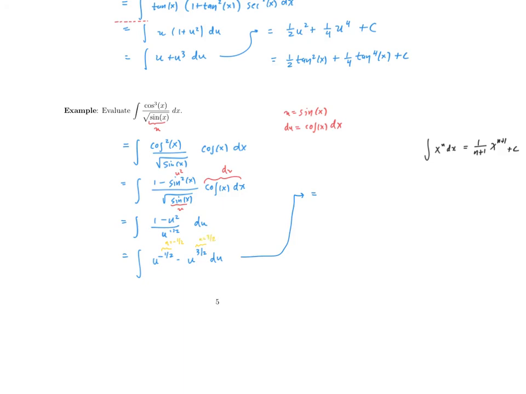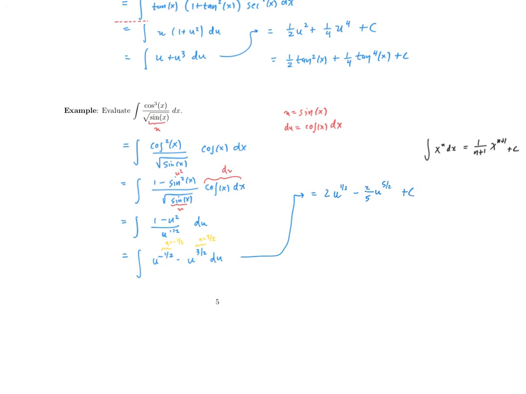So with the first term, minus 1/2 plus 1 is 1/2. So we get back 1 over 1/2, which is 2, u to the 1/2, minus, in that next term, n is 3/2. 3/2 plus 1 is 5/2. 1 over 5/2 is 2/5. So 2/5 u to the 5/2 plus c.